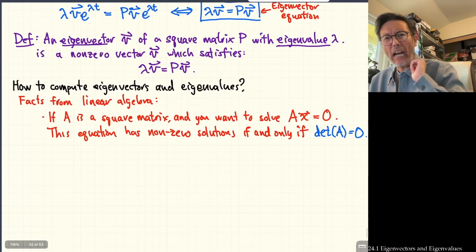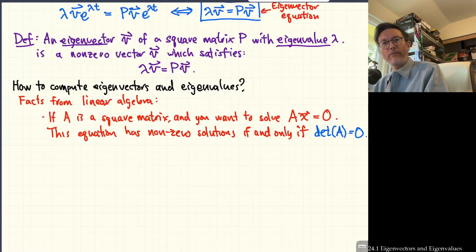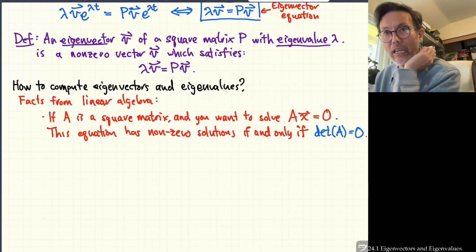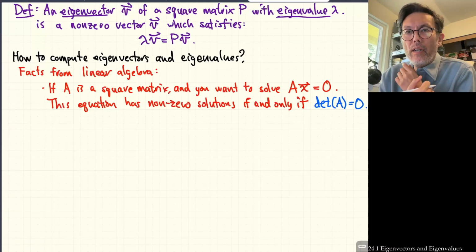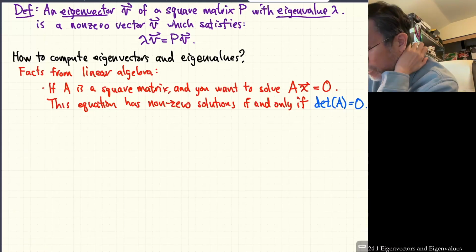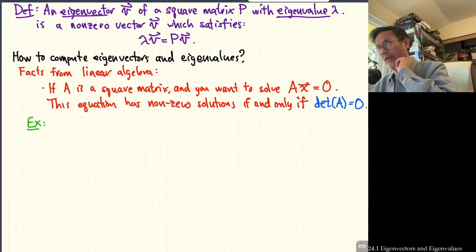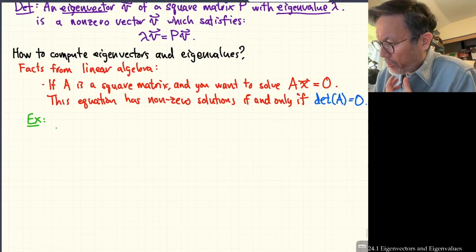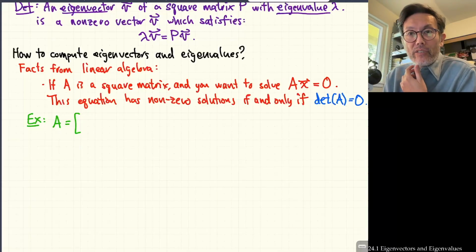All right, I said I want facts from linear algebra, but I think this is everything that I need. So let me just demonstrate this fact with an example, and then we can talk about computing eigenvectors. Let's write down a 2 by 2 matrix, call it A, and I'm going to make a matrix which has determinant 0.